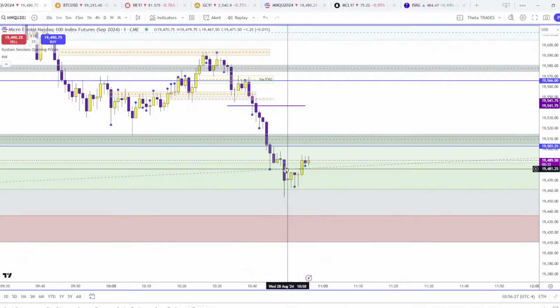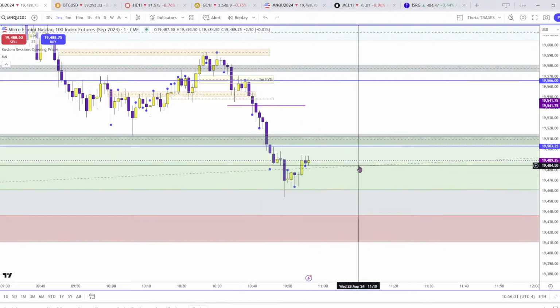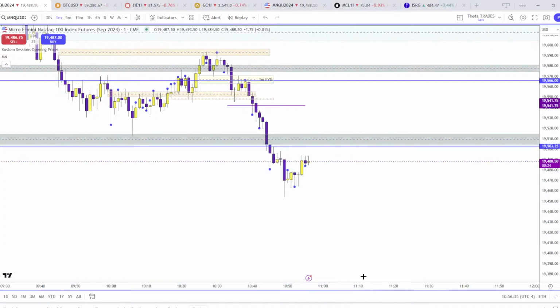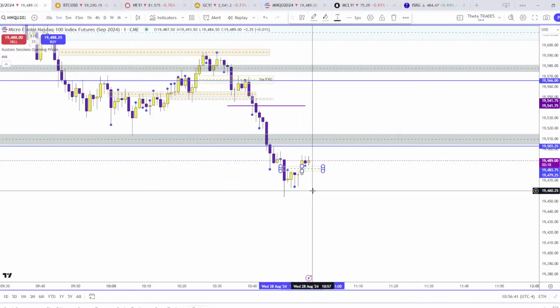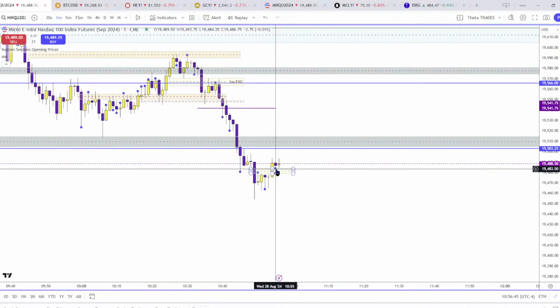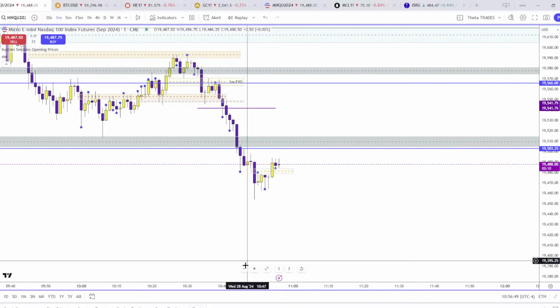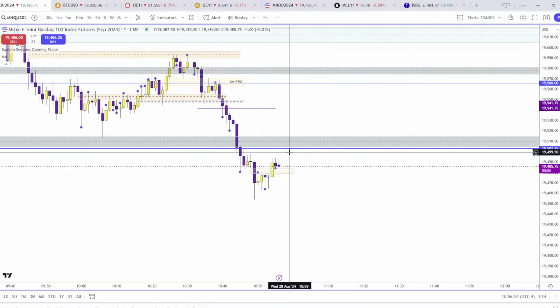See how we just tapped it right there? Let me get this thing out of the way here so you can see I'm not overlapping multiple different ones, so your eyes always have to be looking for these things. See how we traded above it, came back, found support at it. Now are we going to start driving higher? I want to see that candle there for confirmation to go higher.